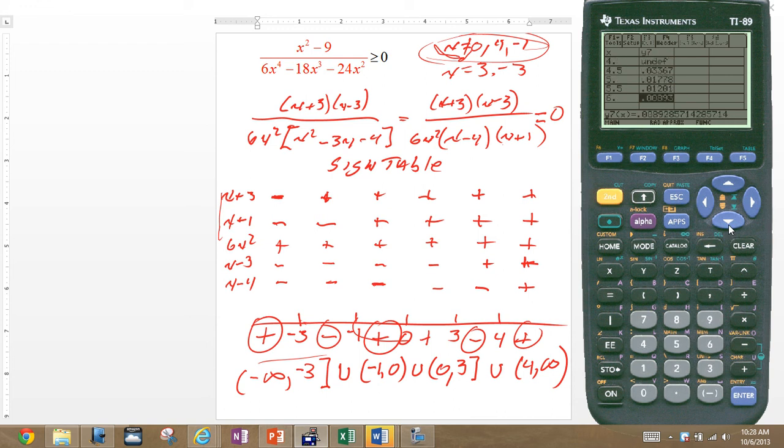So hopefully you get a lot out of this. The graph is not necessary, and the calculator is not necessary for these exercises. It's merely in there to illustrate where this is going to take us, because being able to generate these sign tables is going to help us in constructing these graphs.